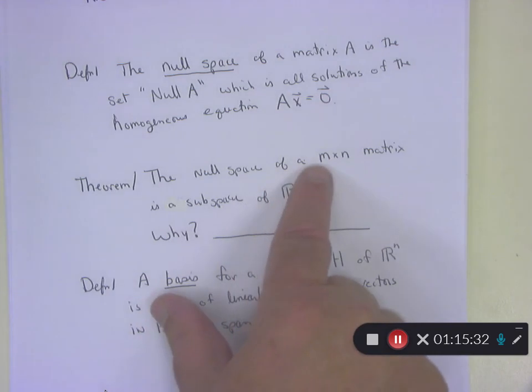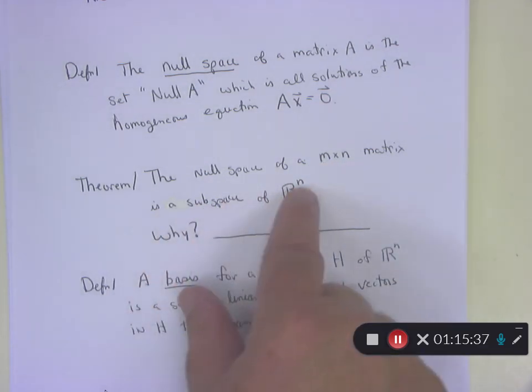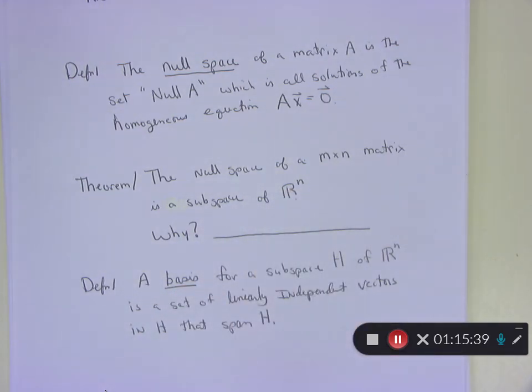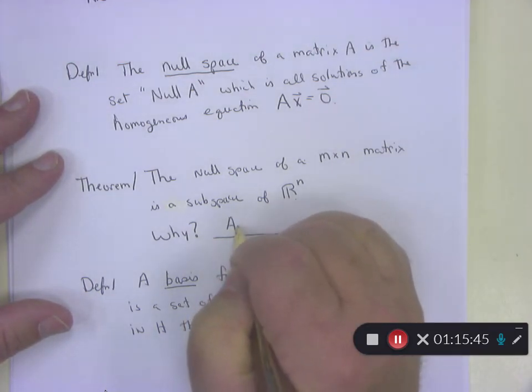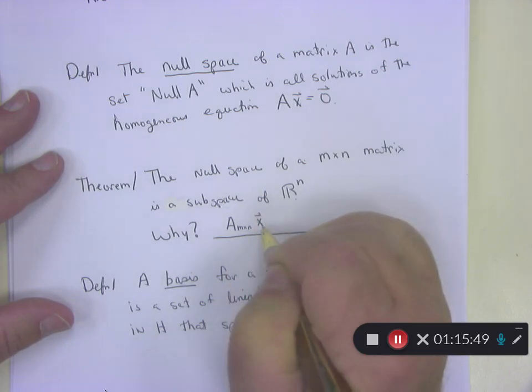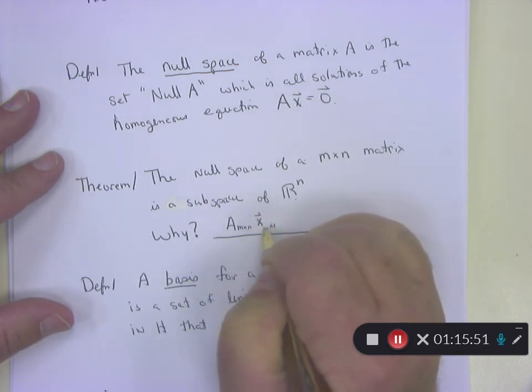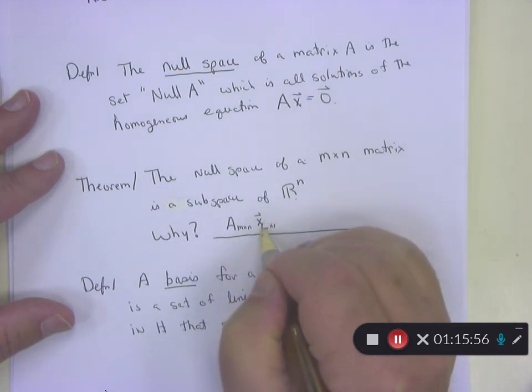The null space of an M by N matrix is a subspace of Rn. Why? A is M by N. You multiply it times vector X. It's a vector, so it's N by 1, but what has to be the entry right there?